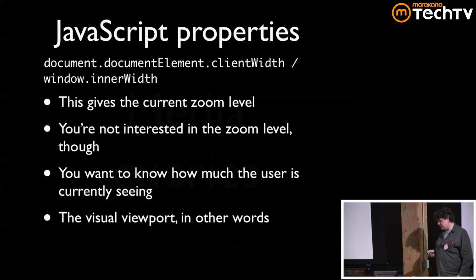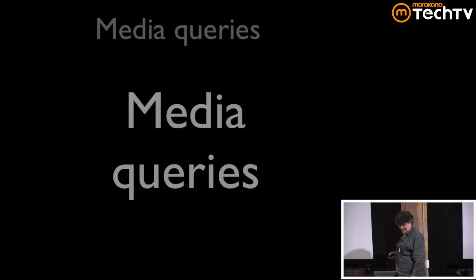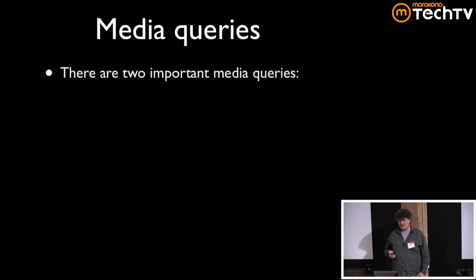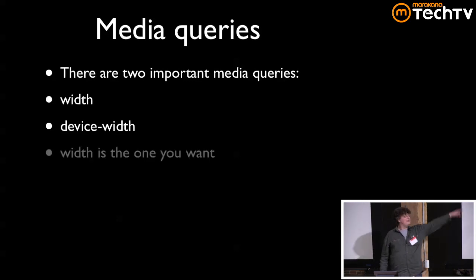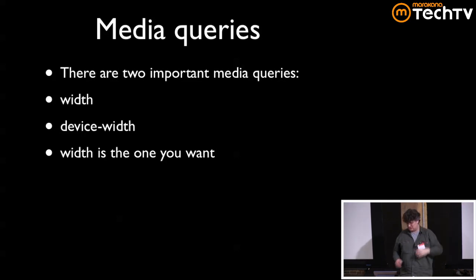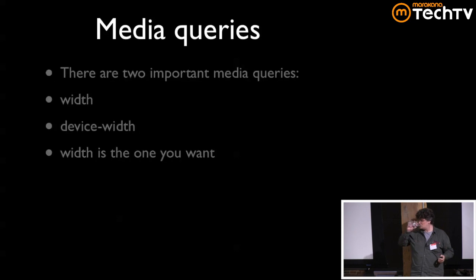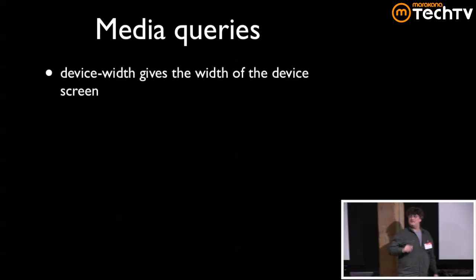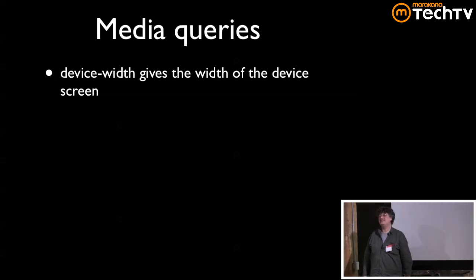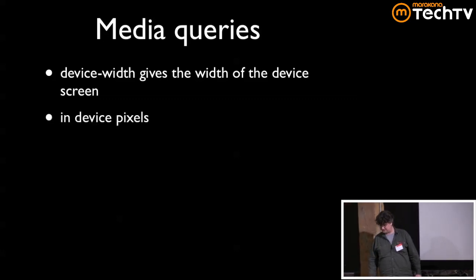Okay, let's talk briefly about media queries, and then especially the two most important ones on mobile, width and device width. There are many more, but these are about viewports. Remember, this width is the one you want. Forget about device width. I'm going to explain to you why. Now, device width gives the width of the device screen in device pixels.